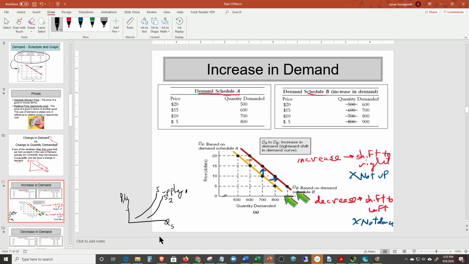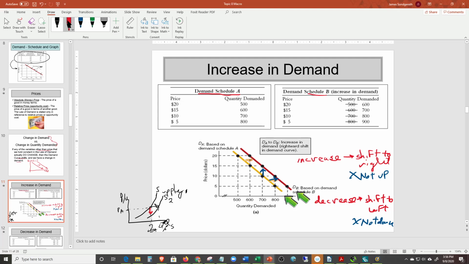And so at any given price, let's just say price A, the quantity supplied at A obviously is increased, and I'll call this prime, but that's only because the supply curve has shifted to the right. This is an increase, but here's the reason why we don't say up and down, because this is down, and people will think that's a decrease because it's down.